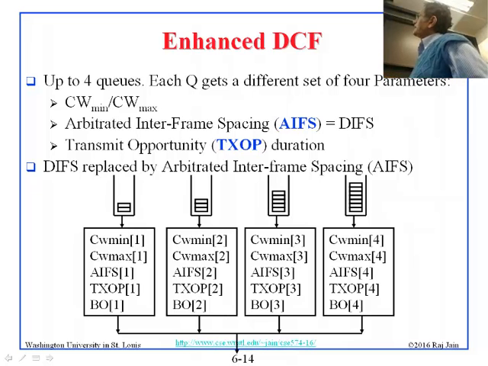And each priority had a different value for CW min, which is the contention window minimum, contention window maximum, IFS, which was the interframe spacing, transmission opportunity, and BO backoff. Okay, so some of these are parameters, some of them are variables. For example, backoff is a variable which is a random number between CW min and CW max. So the higher priority will draw a smaller number, and the lower priority will draw a bigger number.